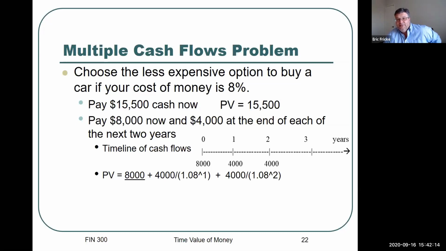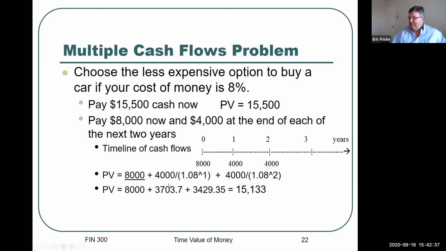So if we have a cash flow at time 0 and we're calculating PVs, present values, we don't have to do anything to it. So I left that by itself. But then the 4,000, that has to be discounted back 1 period. And the 4,000 at time 2, that also has to be discounted back, but 2 periods. So this should give us the answer for option 2, which is going to be 15,133.